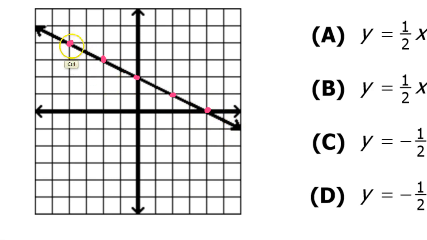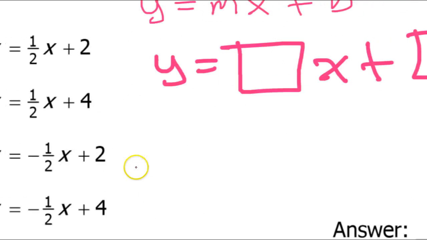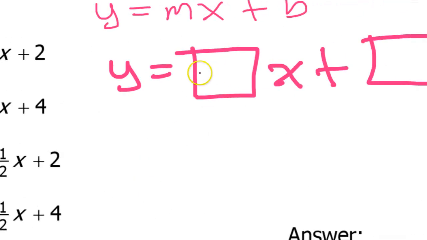If I pick any pair of points and do a rise and run, see how this would be down 1, right 2. So that would be negative 1, positive 2. So the slope is negative 1/2. Rise over run tells me that the slope is negative 1/2.